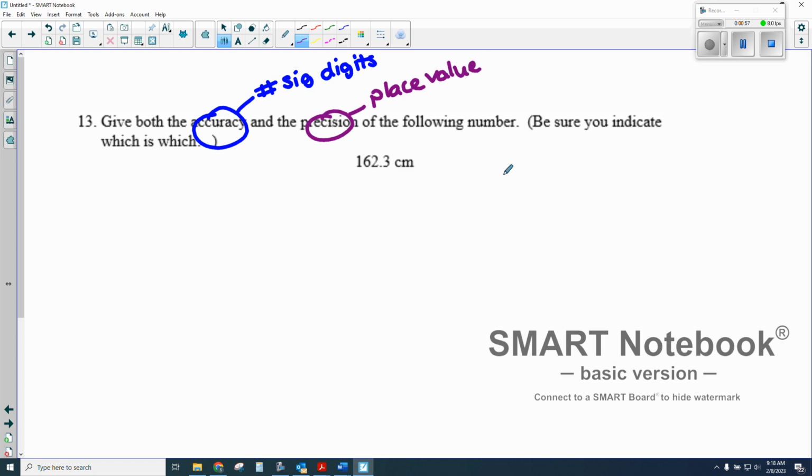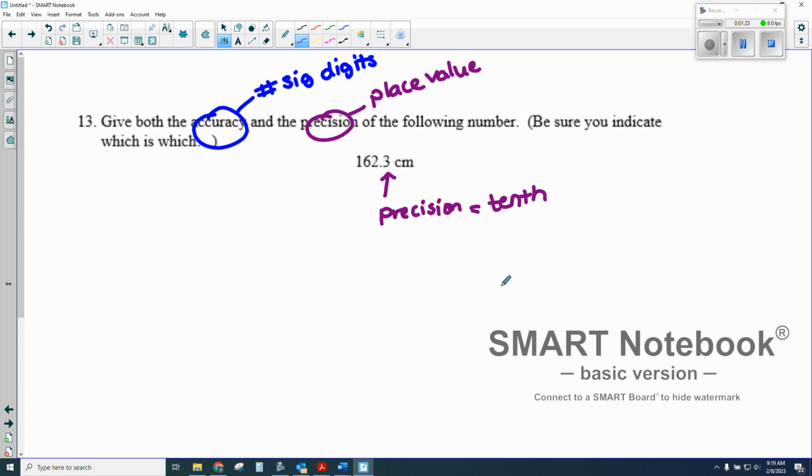So how far to the right that decimal goes, or if there's not a decimal, then what's the farthest right non-zero number? So for the precision, we're looking at place value here. This number goes out to the tenths place. So the precision of this number is to the nearest tenth.